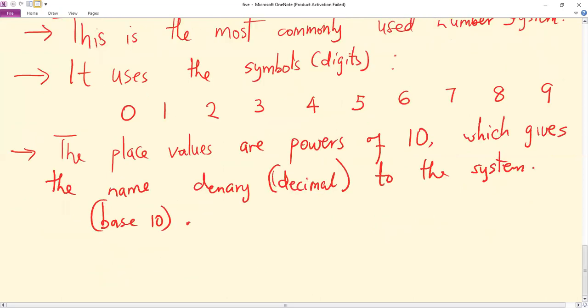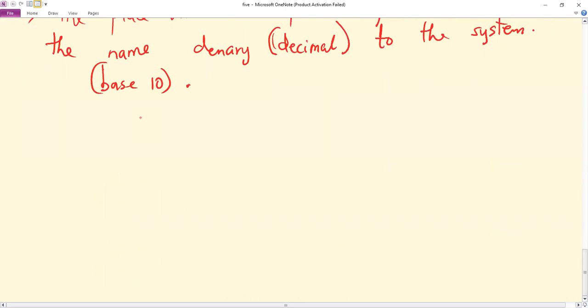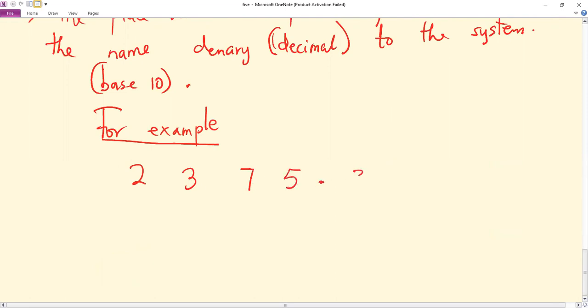So let's give an example. For example, 2, 3, 7, 5.321 has place values.